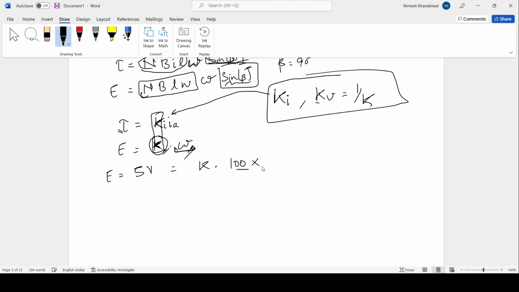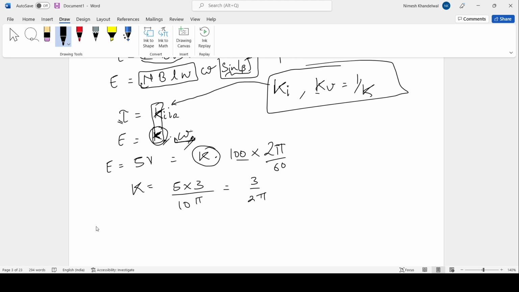So how do we convert 100 RPM to radian per second? We multiply by 2 pi by 60. So essentially from here we calculate K. K comes out to be 5 times 3 over 10 pi, so basically 3 over 2 pi.